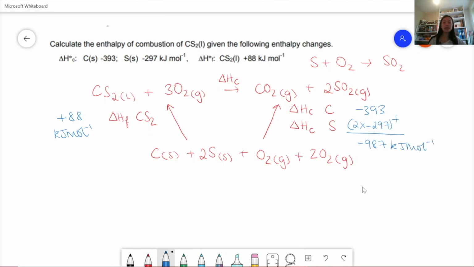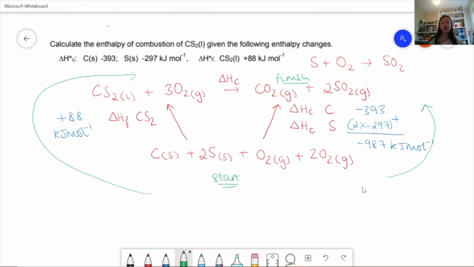And now you think back to the diagram again, and you have a look to see where I could start and where I could finish. So I think I can start here, and I can finish here, because we know what this is. So we know the enthalpy change when we go this way, and we can work out what the enthalpy change this way, because it'll be exactly the same as this.